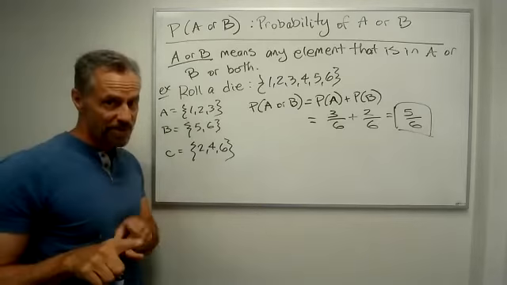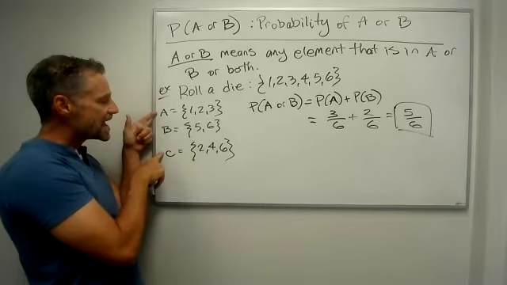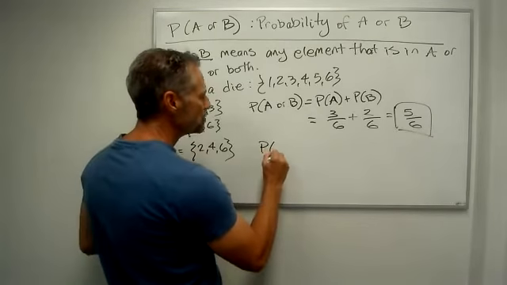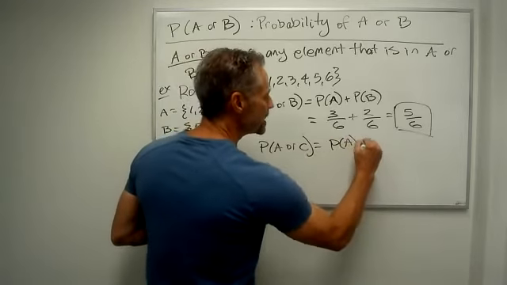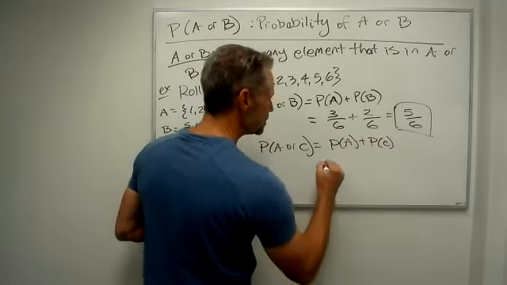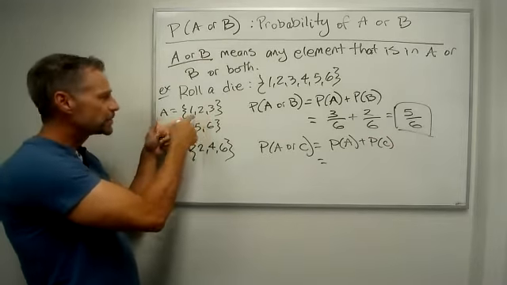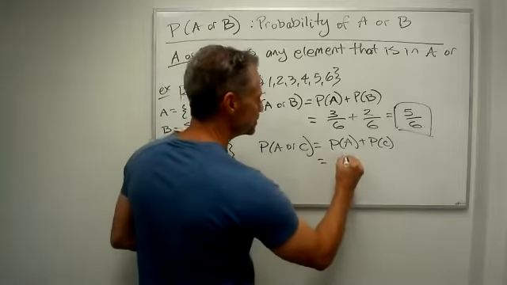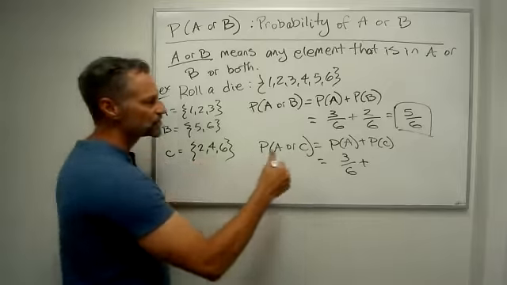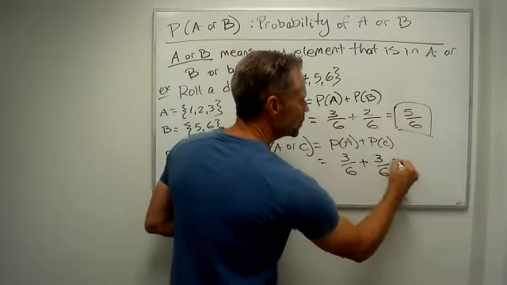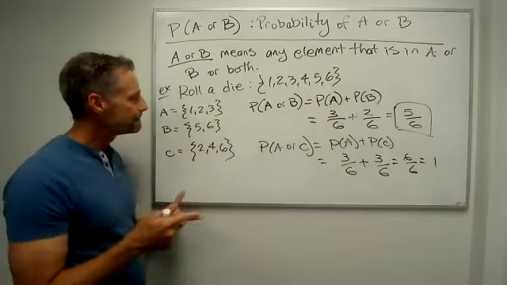Here's a problem with that, though. Look at, let's say, A and C. If we did the probability of A or C, and we say, oh, that's the probability of A plus the probability of C, what I'm going to get this time is the probability of A, again, 3 out of 6, plus the probability of C, which is 3 out of 6 also, which would add up to 6 out of 6, which is 1, which is 100%.